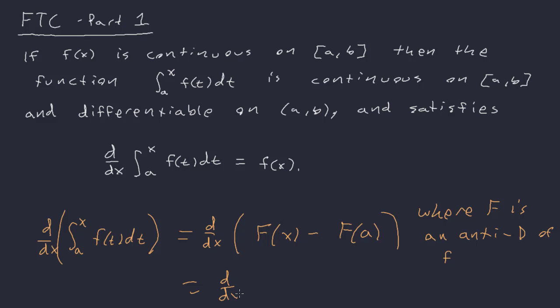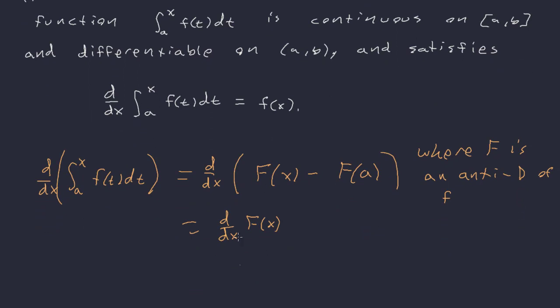So the derivative of capital F of x is going to be capital F prime of x, right? And then the derivative of capital F of a, well, this is just a constant, right?